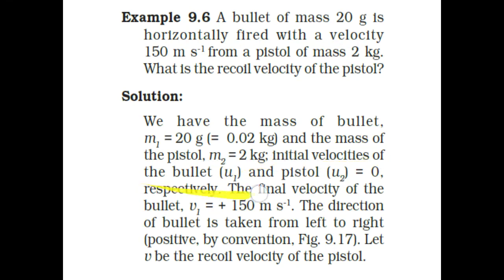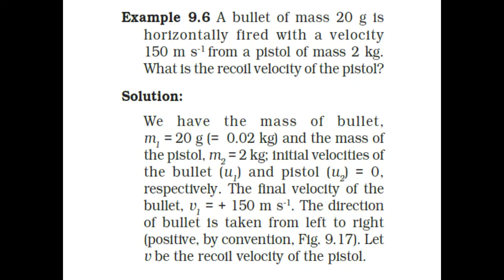The initial velocities of the bullet, u1, and the pistol, u2, are 0 because both were at rest initially. So we are assuming that before firing both are at rest, and after firing the velocity of the bullet is given in this question and the velocity of the gun we have to calculate. The final velocity of the bullet is given as 150.